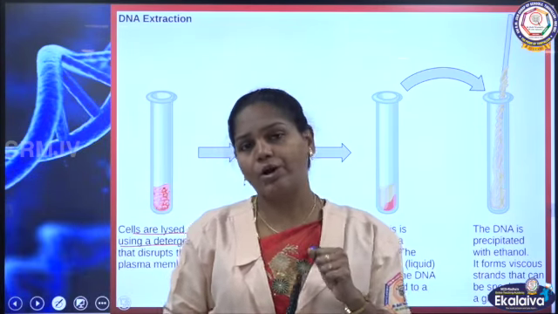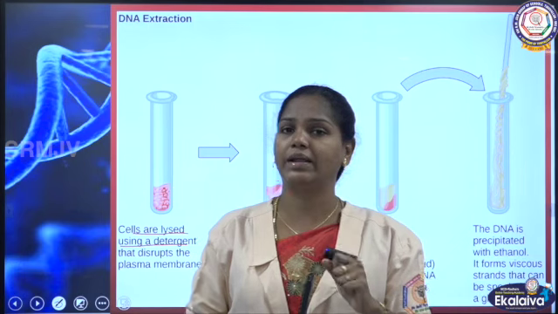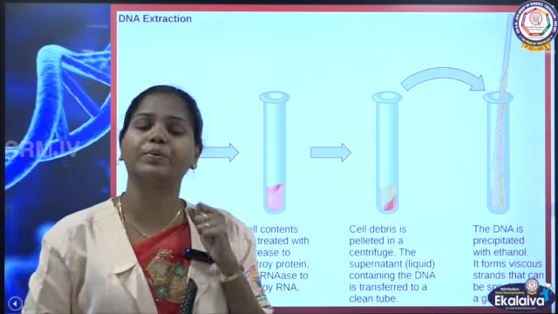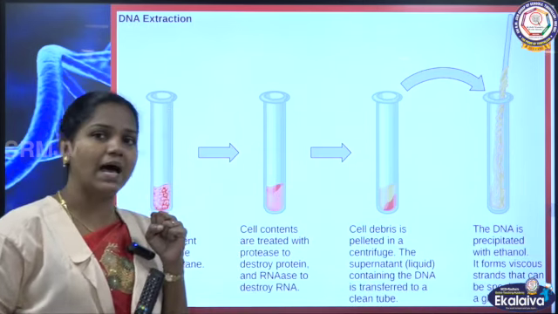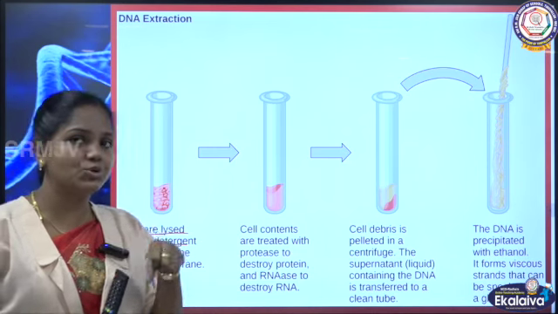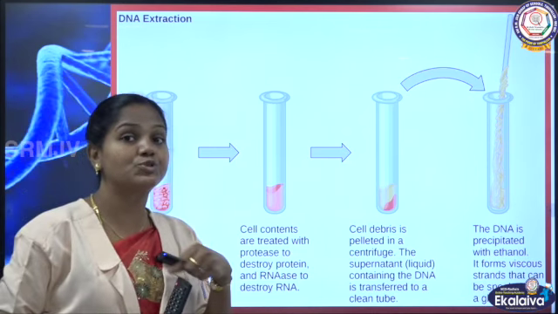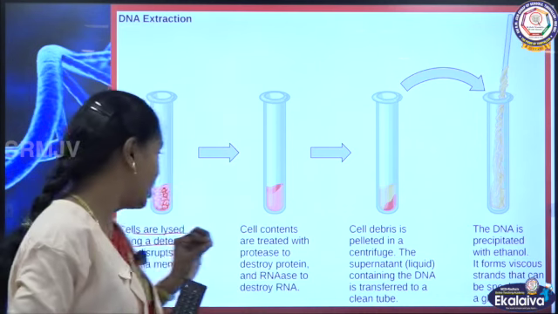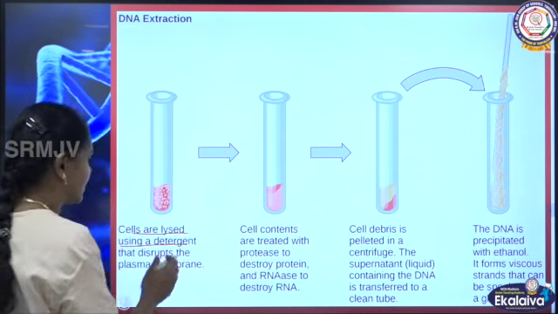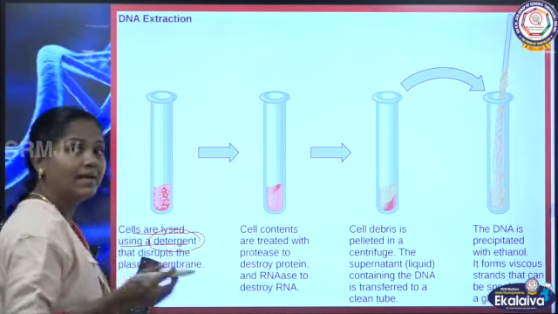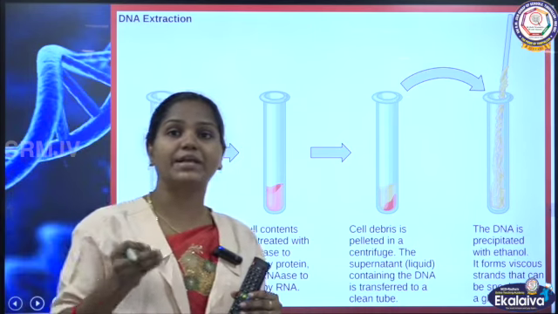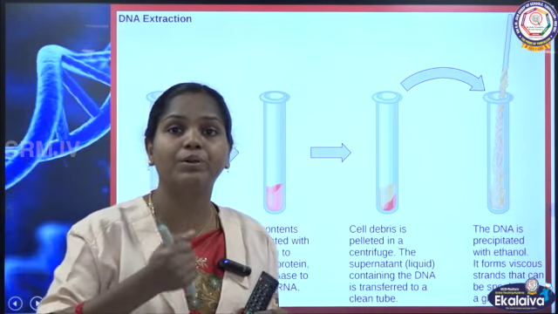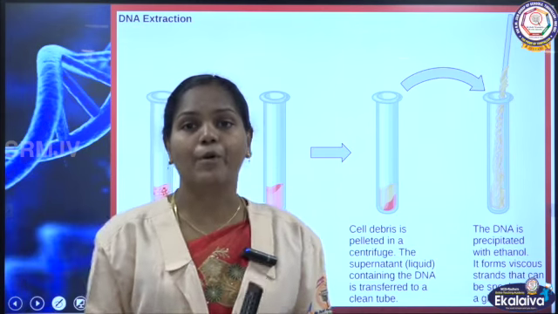Normally in your laboratory practicals, at your 12th standard level, you take a sample, and as I told you, in a mortar and pestle we blend the sample by adding a little amount of warm water and detergent. You will add a little detergent and sodium chloride, and blend that sample properly.